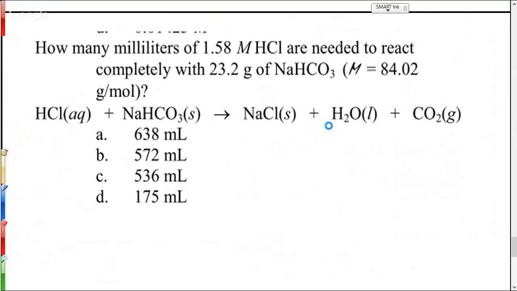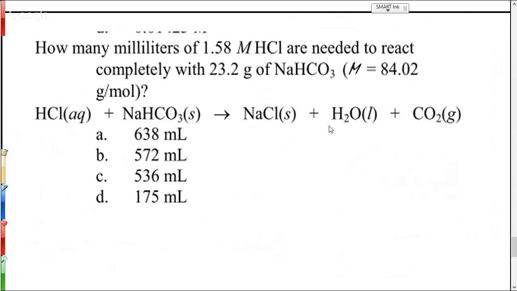This is basically the same kind of problem that we did before. We're given a certain amount of reactant, in this case, NaHCO3. We've got 23.2 grams. And we're asked, how much HCl do we need? But because HCl is a solution, we need that number in milliliters of a particular concentration solution. So let's see how we figure that out.